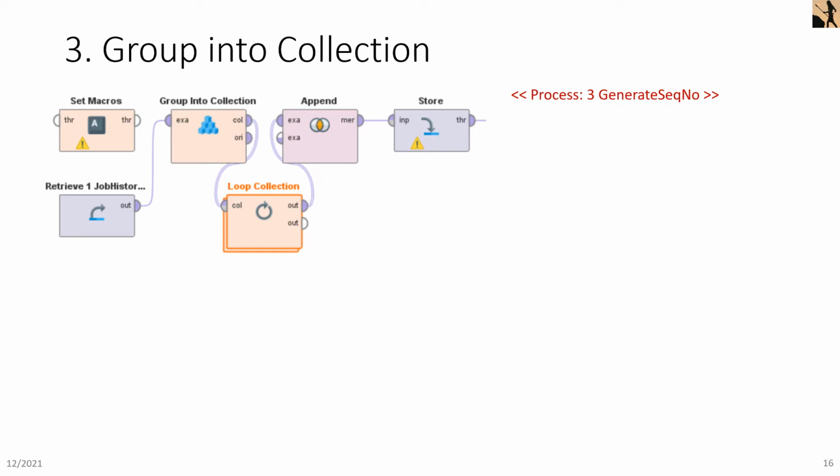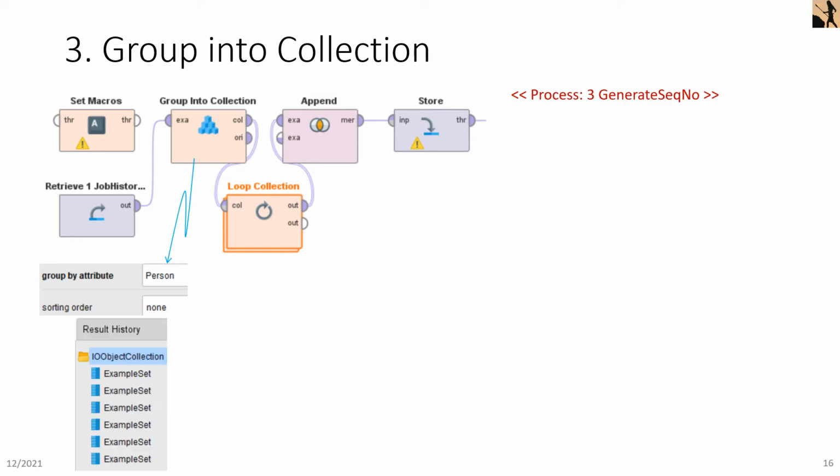So here, when you first see this group into collection operator, followed by the loop collection composite operator, they actually refer to whatever mindset you are more comfortable with. So just bear with me first, okay? We first group this data set into subsets by the person.